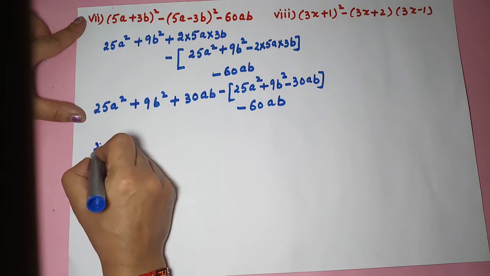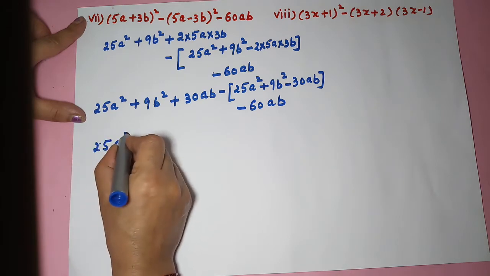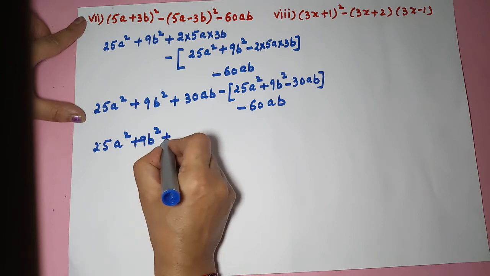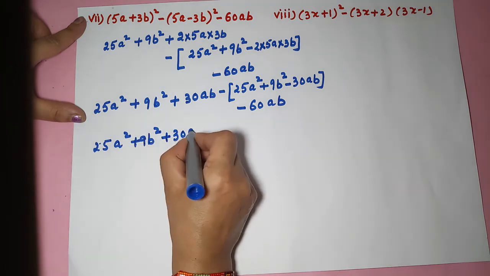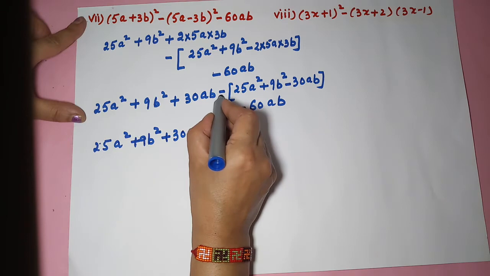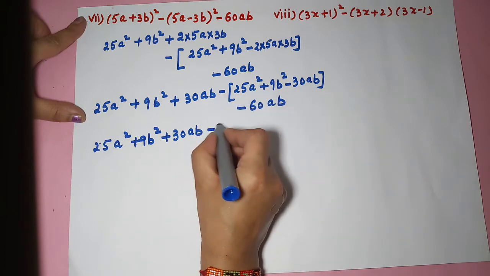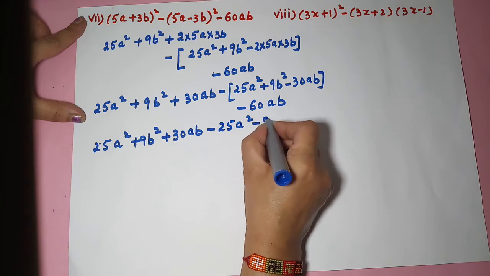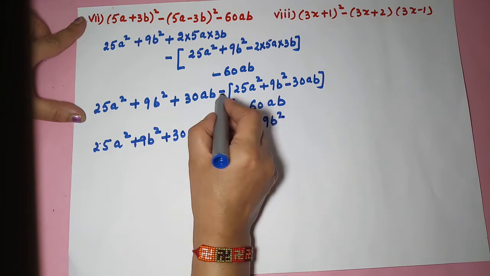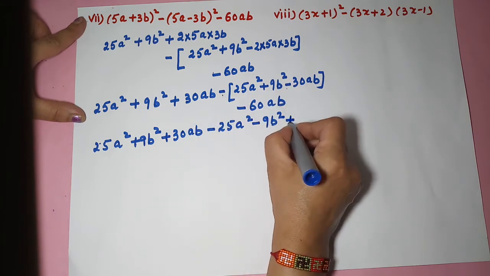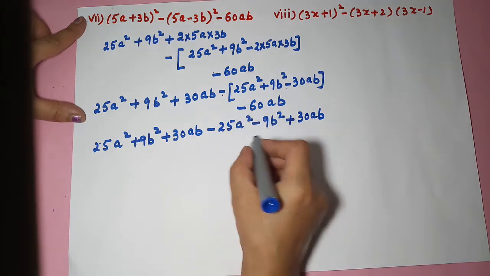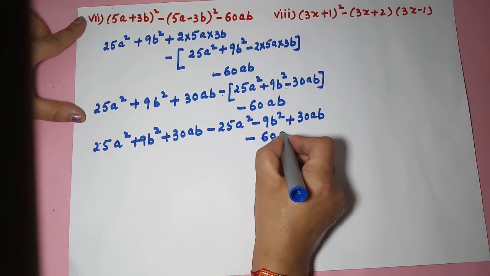Now this will become 25a square plus 9b square plus 30ab, and if we multiply by this negative sign, we will get minus 25a square minus 9b square, minus and minus will become plus 30ab, and then we have this minus 60ab.